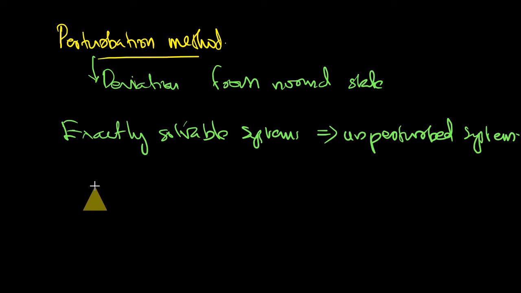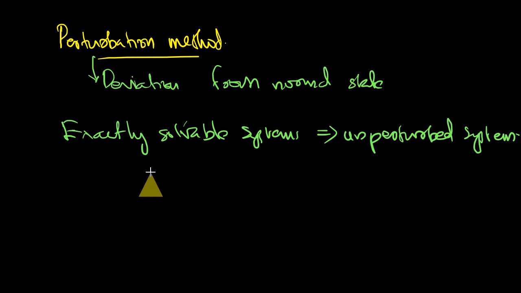So perturbation means there is a deviation from the normal state, and the normal systems are the unperturbed systems whose Schrodinger wave equation is exactly solvable, but sometimes due to some terms in the Hamiltonian, the Schrodinger wave equation cannot be solved exactly, and such systems are regarded as perturbed systems.